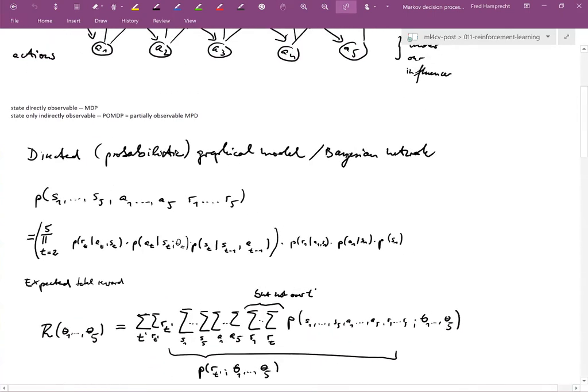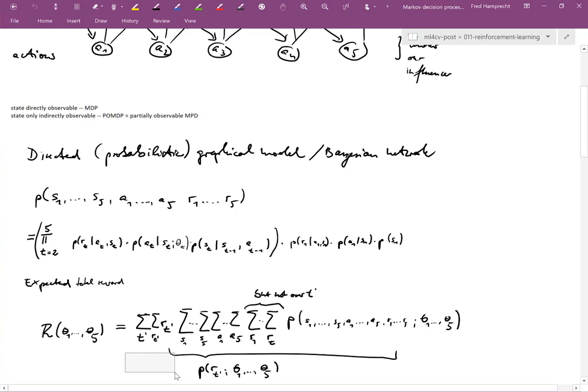So let's say the total reward, capital R, depending on the parameters θ1 to θ5 that tell us what are optimum actions in steps 1 through step 5, is a sum over all time points, t prime, and then we sum over all possible rewards. So different actions result in different rewards.